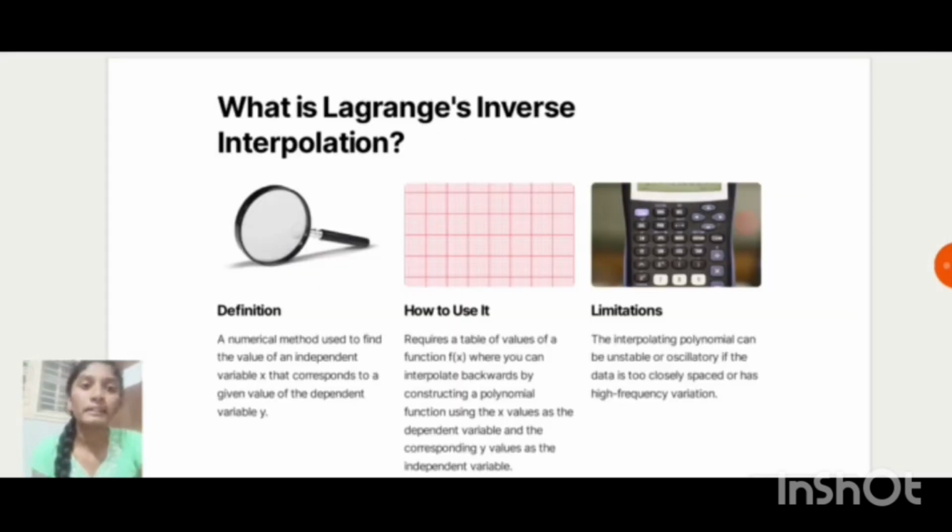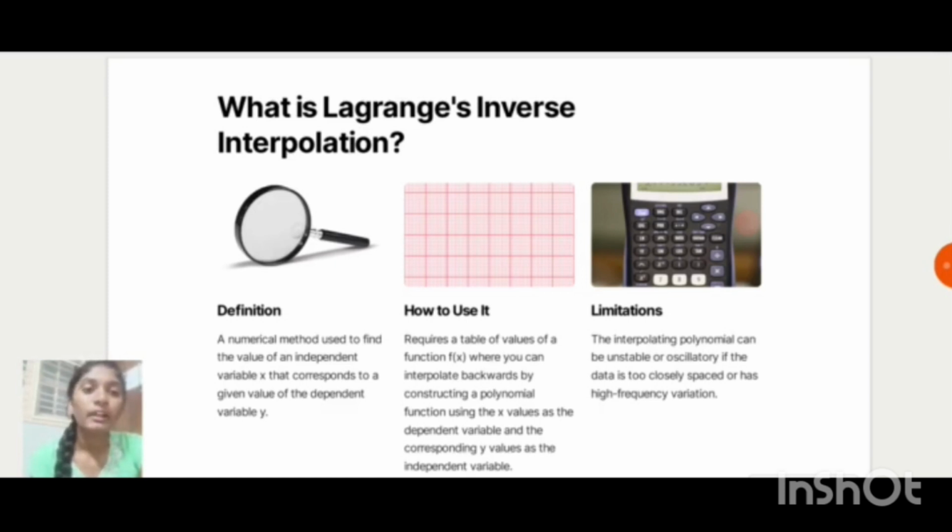What is Lagrange's inverse interpolation? We see the definition and how to use it. Definition: a numerical method used to find the value of an independent variable x that corresponds to a given value of the dependent variable y.